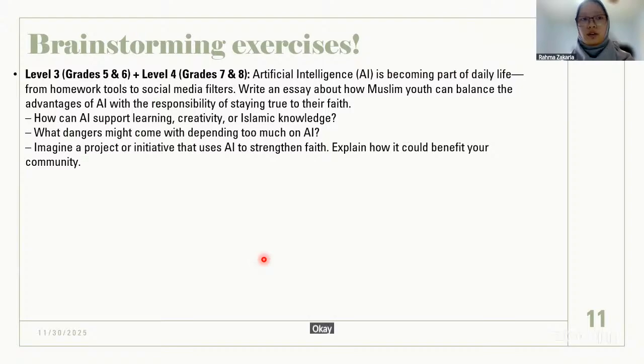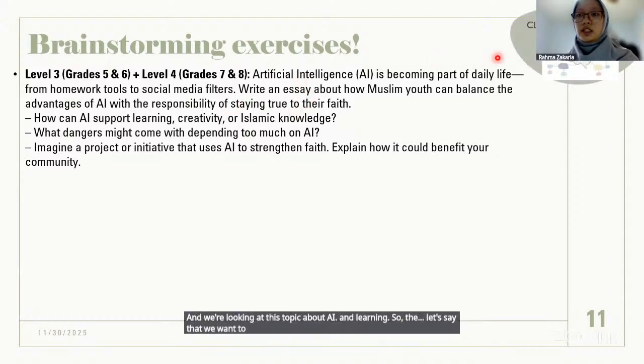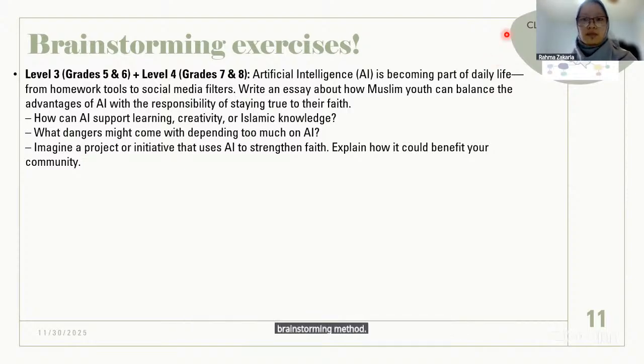Okay, and for more brainstorming exercises, let's say we are in level 3 through 4, and we're looking at this topic about AI and learning. So let's say that we want to use this clustering or mapping brainstorming method. How can you do that?